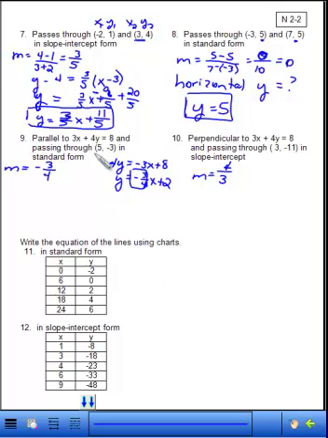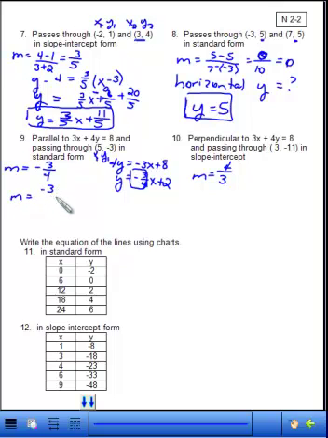Now we take our point, our x1, y1. Okay. Now another way we can do standard form, and I don't want to throw you, but another way we can do that is to use the slope formula and plug these in. So I'm going to show you how to do that. And sometimes standard form is easier.